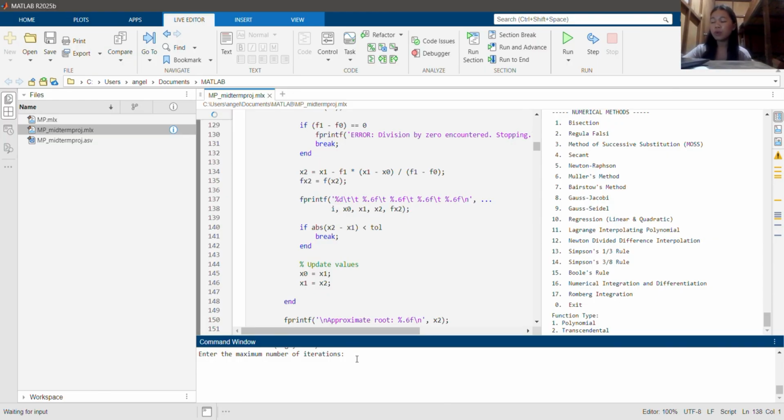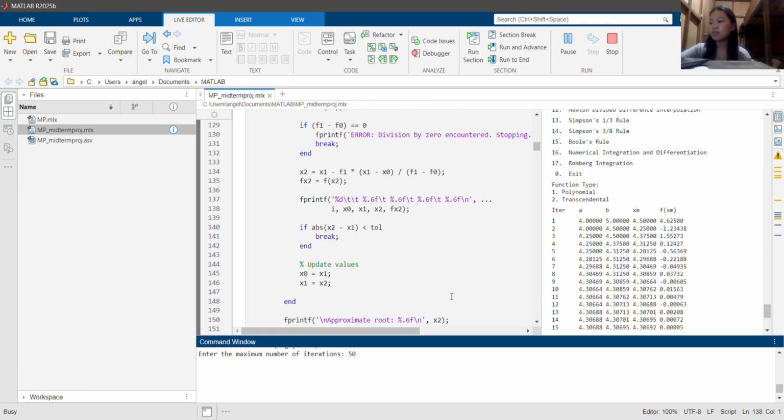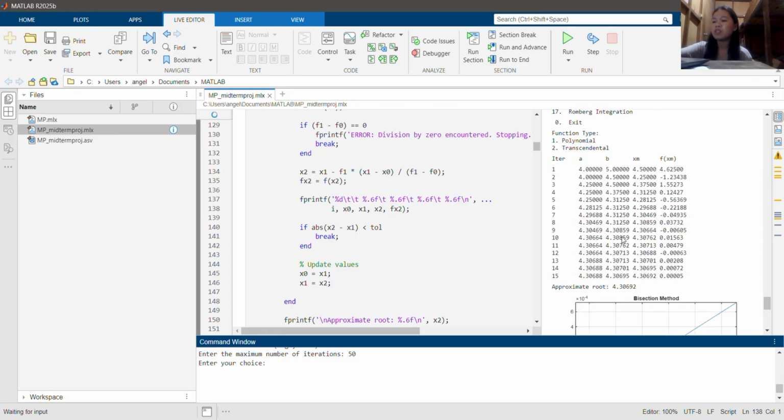We're also going to enter our maximum number of iterations, which depends on the user. So I'm going to enter 50 since that's my desired number.